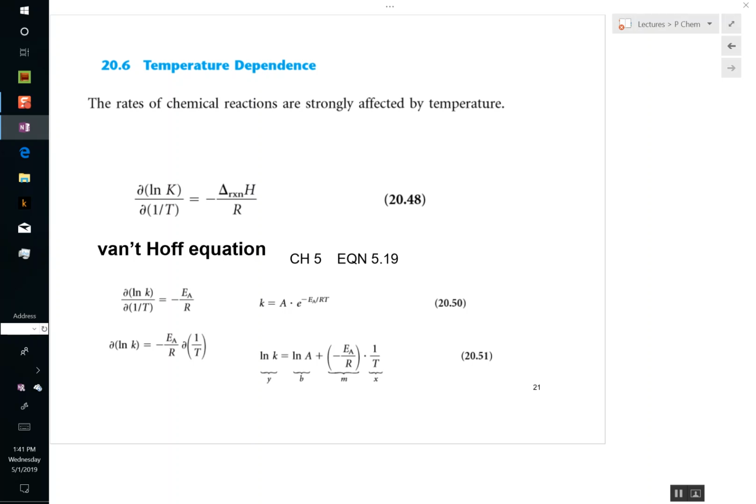If you do the integration of this, you're going to have a term coming up, and that's this A. And another way of looking at it would be to take the natural log of all of this. Natural log of K equals natural log of A plus EA over R times 1 over T. And they're setting it up in the y equals mx plus b format there.